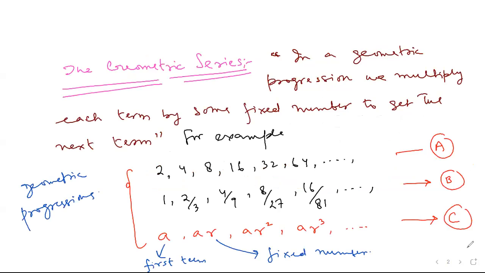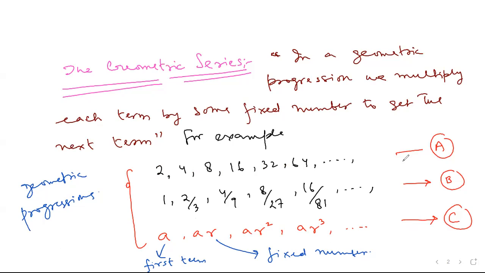Then we started with geometric series. First, we talked about the geometric progression. I said in the geometric progression, we multiply each term by some fixed number to get the next term. Then we gave the examples A, B, C. C is the general form, and A, B are two examples.